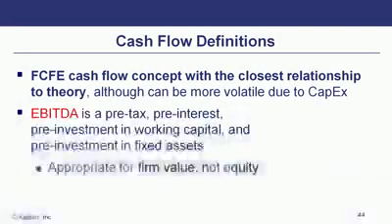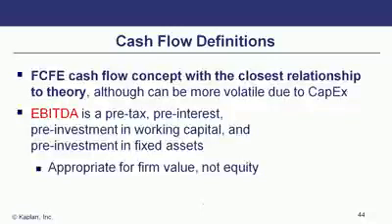So there are really four main ways we define cash flow. The traditional way, where it's just net income plus non-cash charges, or you use cash flow from operations, or the adjusted cash flow, or using EBITDA. And then, in what we saw in previous lessons, we have free cash flow to equity. So among the cash flow definitions, the free cash flow to equity concept is probably the closest relationship to theory.